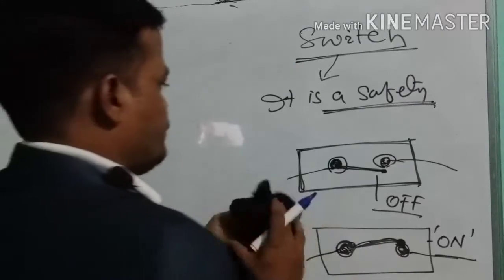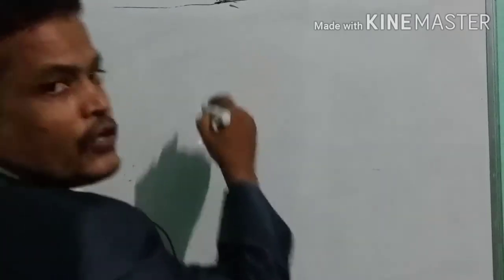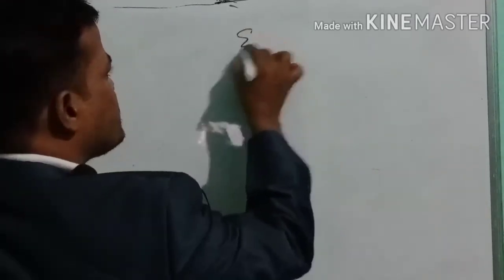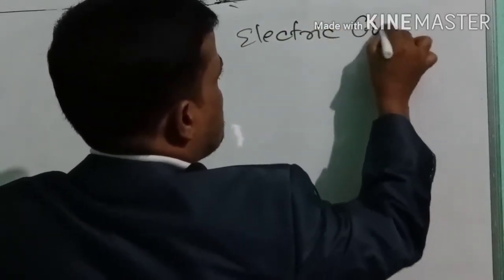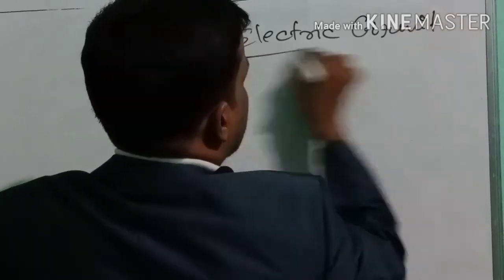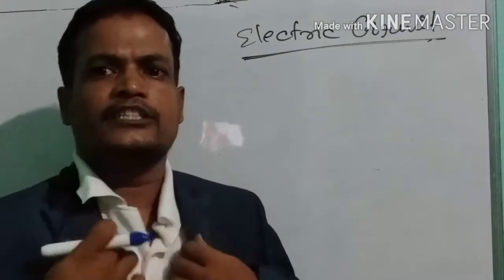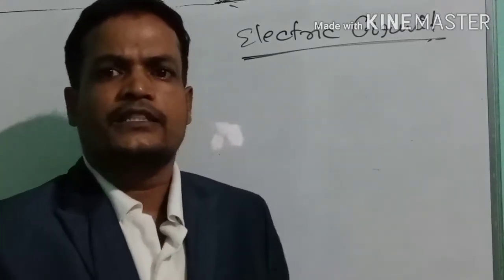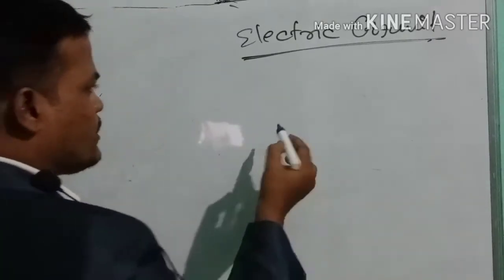Now let us see what a circuit is. We will talk about the electric circuit. What is an electric circuit? An electric circuit is a closed and continuous path through which electric current flows. Suppose I draw here.